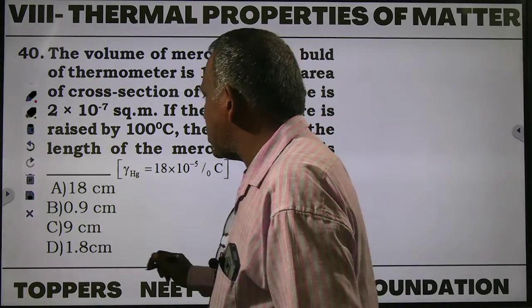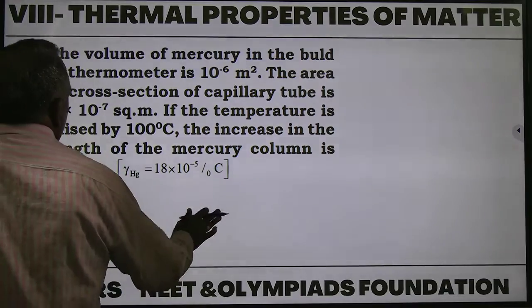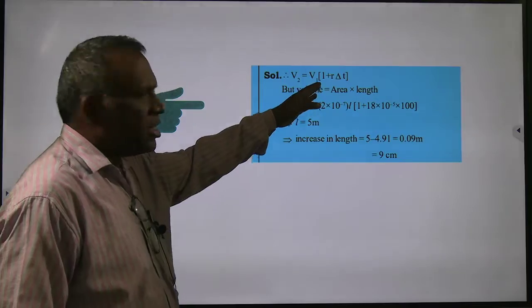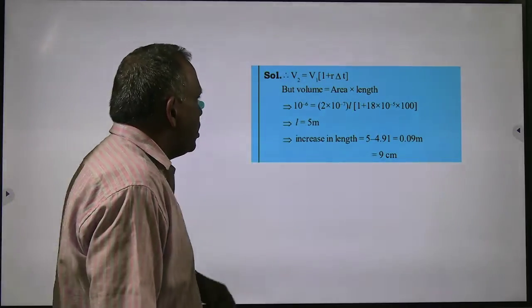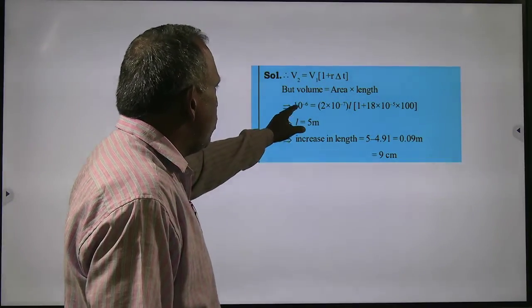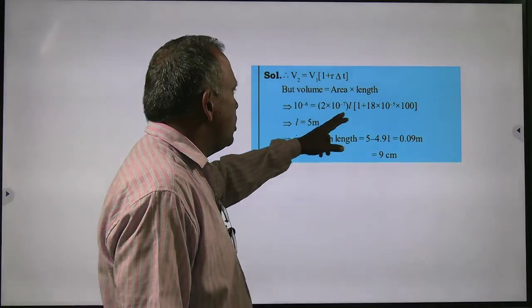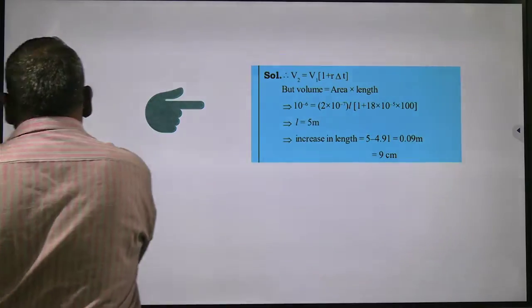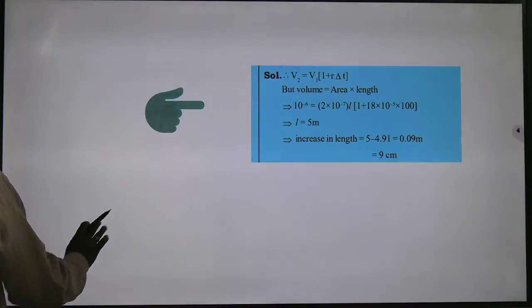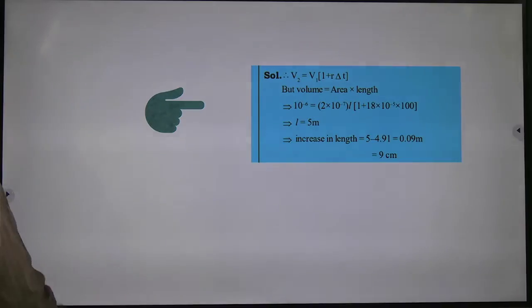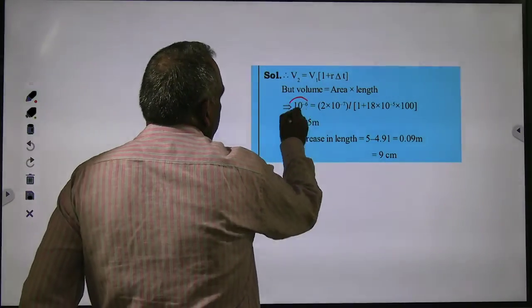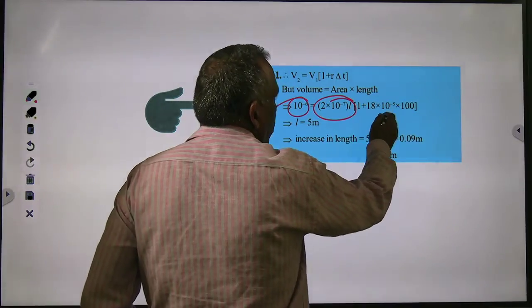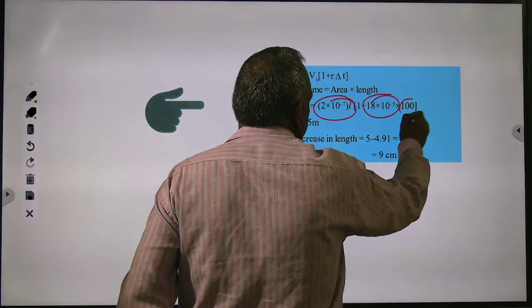To solve this, the volume V2 equals V1 into 1 plus gamma delta T. Substitute values: the volume is nothing but area into length. So 10 power minus 6 is the original volume, and area into length equals 10 power minus 6 into 1 plus 18 into 10 power minus 5 into 100.